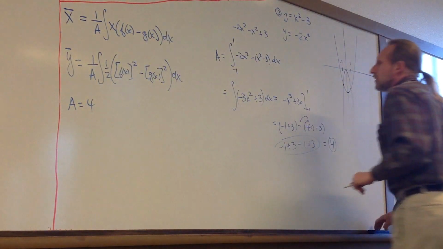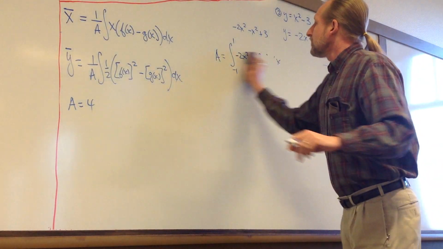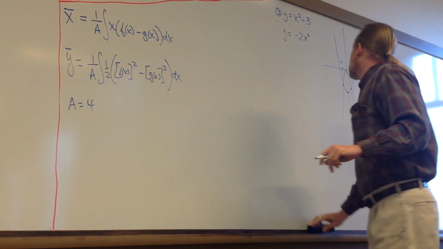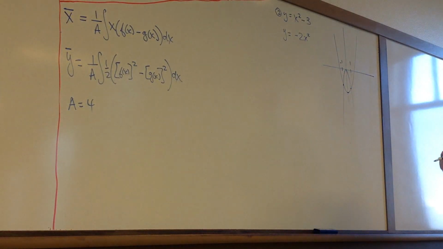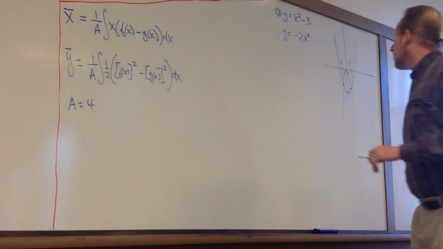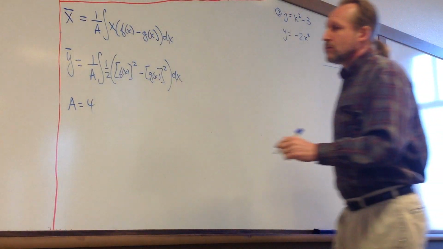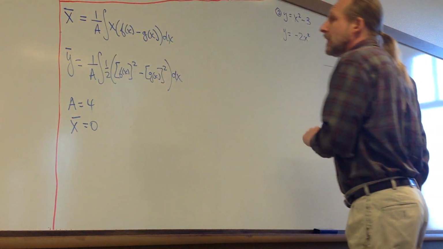And now we'll go and calculate x bar and y bar. And again, for this thing that is symmetric about the y-axis, our x bar is going to be 0. I'll go ahead and calculate it, okay? But we should see that we get a value of 0 for x bar. So let's put that in there. Let's go ahead and do the calculation here.